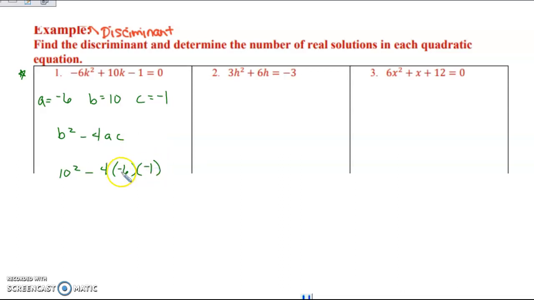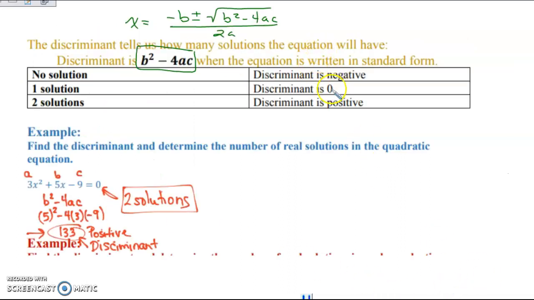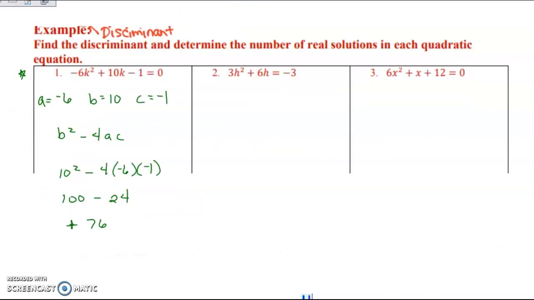And that's positive 6 times 4, so it's 100 minus, that's 6 times 4 is 24. And that gives us a positive answer of 76. So it's positive, and we said earlier that a positive discriminant gives me two solutions. So my answer to this is 2 solutions. That's all you have to write in.